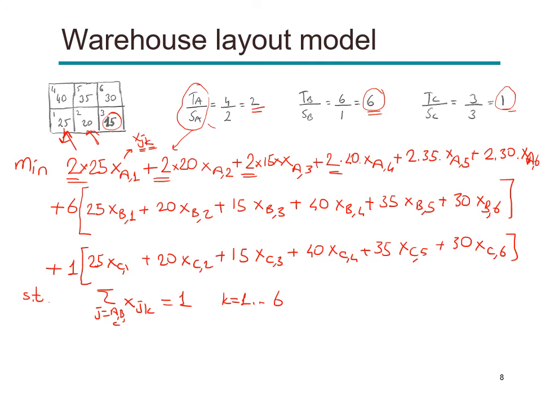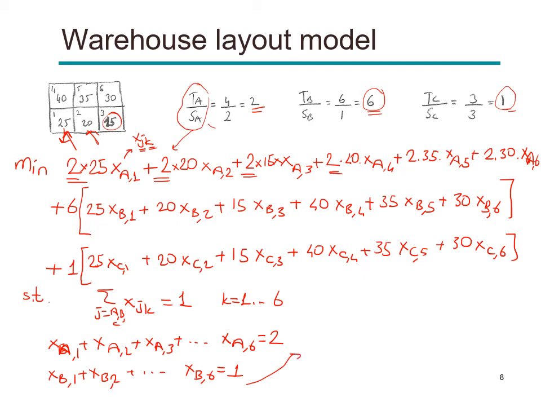On the other hand, if we consider the allocation of A, xa1 plus xa2 plus xa3 up to xa6, we need to allocate 2 of them to product A. For product B, xb1 plus xb2 up to xb6, we need to allocate 6 of them to B, and on this side, xc1 plus xc2 up to xc6, we are going to allocate 3 of them to C. So these are the required number of storage locations: Sc, Sa, and Sb.